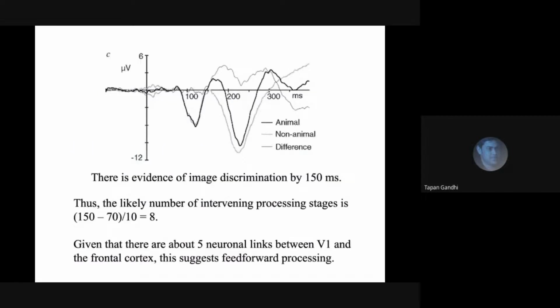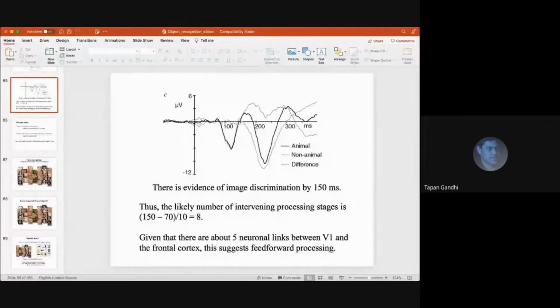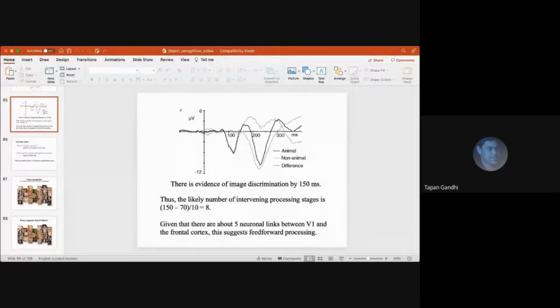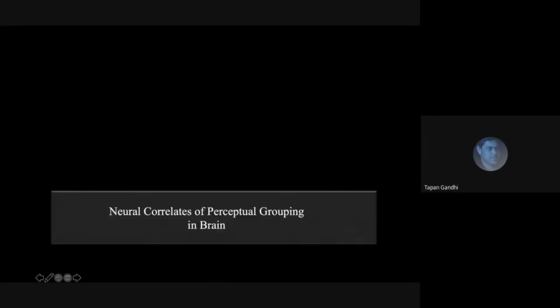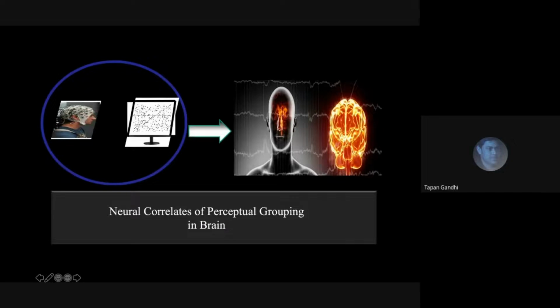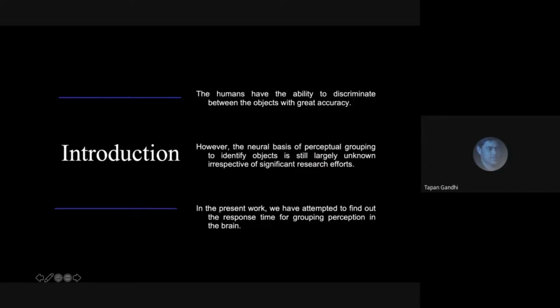So in order to understand this mechanism, I'm going back to my original slide. In order to understand this process, we conducted one experiment: what is the neural correlation of the perceptual grouping in the brain?